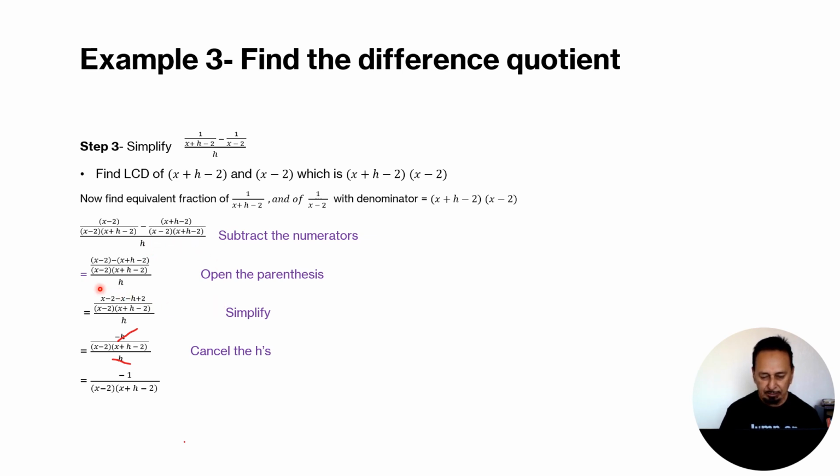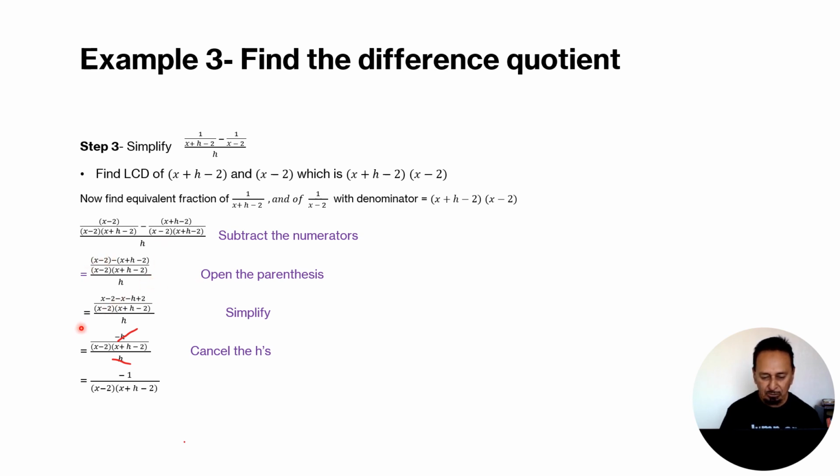So we subtract the numerators. So we get x minus 2 minus the quantity x plus h minus 2, over x minus 2 times x plus h minus 2, and divide by h.